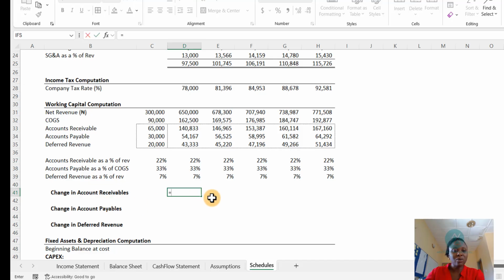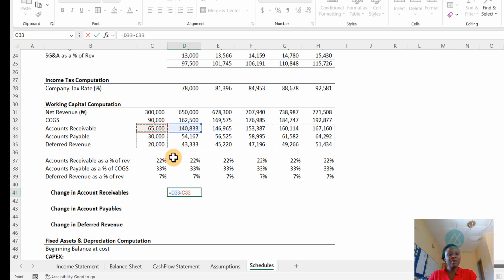So the change is equal to the current accounts receivable minus the previous accounts receivable. Now, because these are current assets, items we're going to be moving to the cash flow statement, when there is an increase in current assets, meaning that funds are going out, money is not coming in, rather money is leaving, because you are not receiving money, your money is outside.